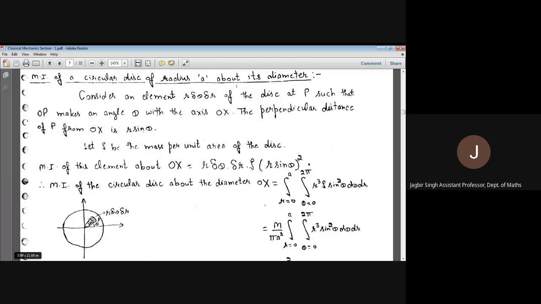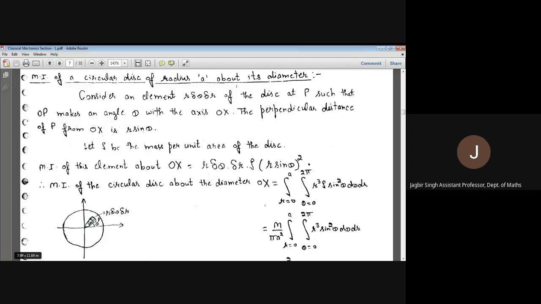So we are taking a particle somewhere in the disc such that its distance from the center is small r, and assuming its breadth is delta r.